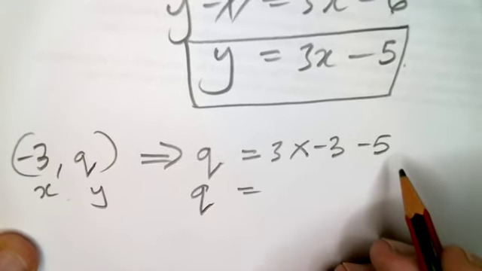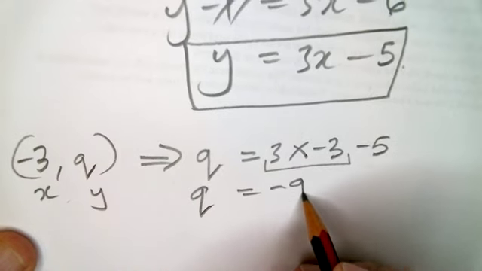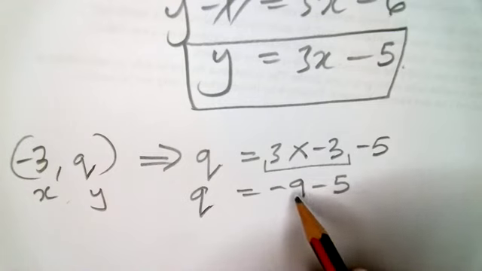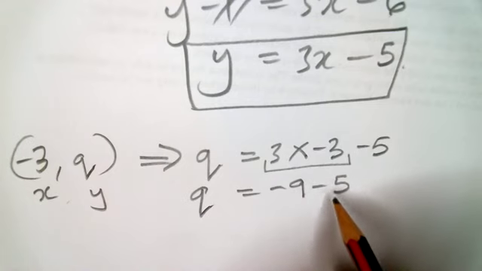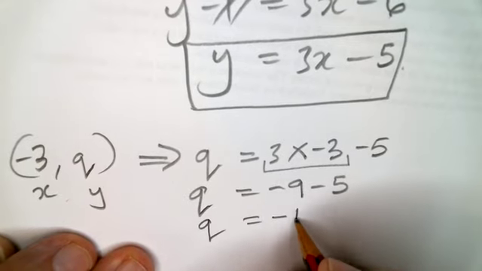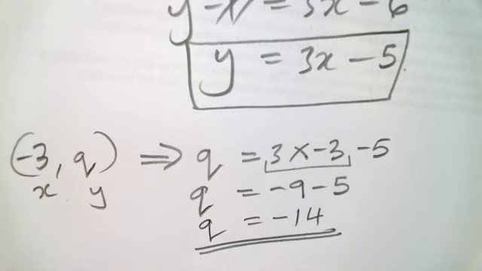So q is going to equal 3 times -3, which is -9, minus 5. So -9 minus 5 is -14. So q is equal to -14. And that is one way of doing that problem. I'll do it again in a different way in a moment.